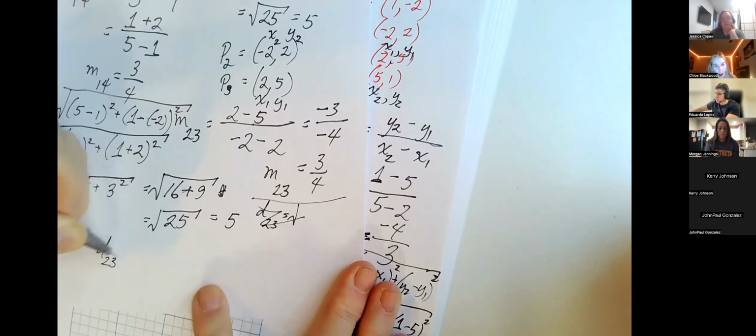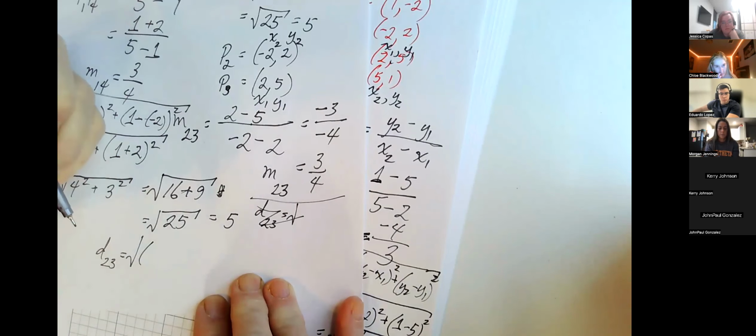And let's keep this labeling. Let's let P2 be X2, Y2, and P3 be X1, Y1. So what is, I'm going to move one row. Distance between 2 and 3. What is X2? -2. Thank you. And X1. Almost.